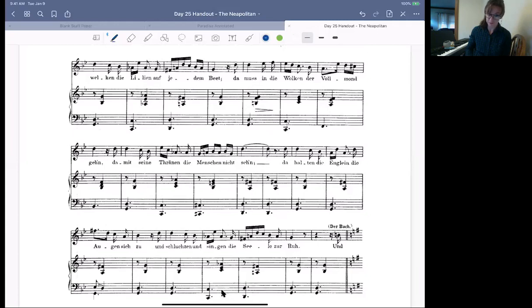Da halten die Englein die Augen sich zu und schluchzen und singen die Seelen zur Ruhe.